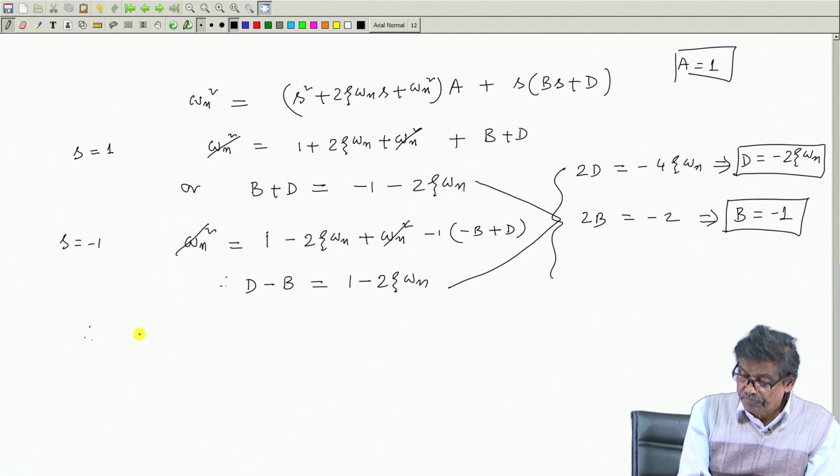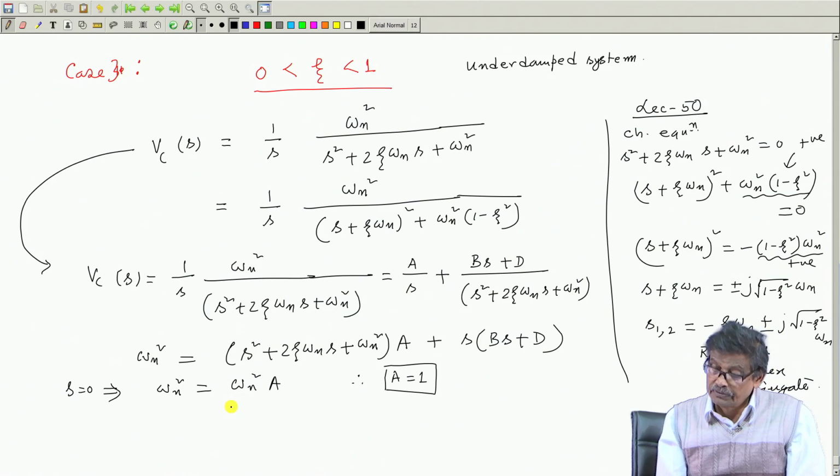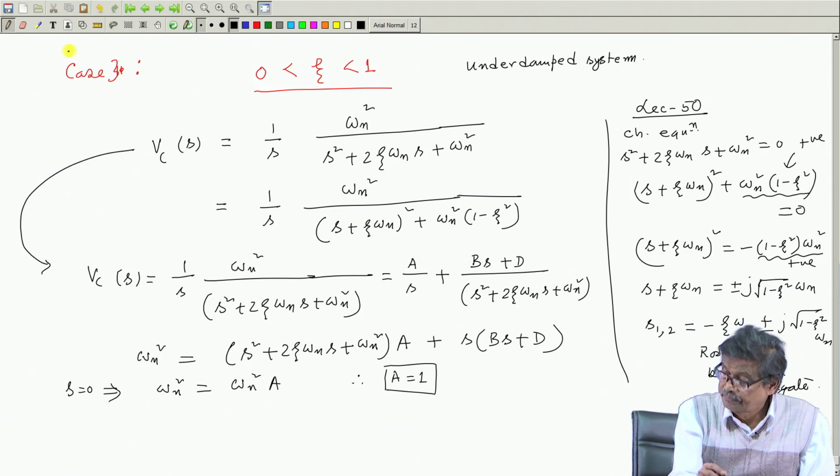Therefore, voltage across the plate of the capacitor VC(S), which was equal to A by S, Bs plus D, etcetera.